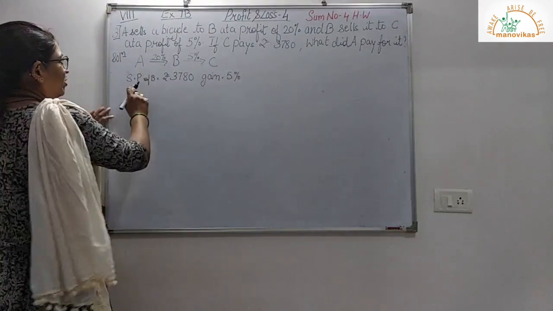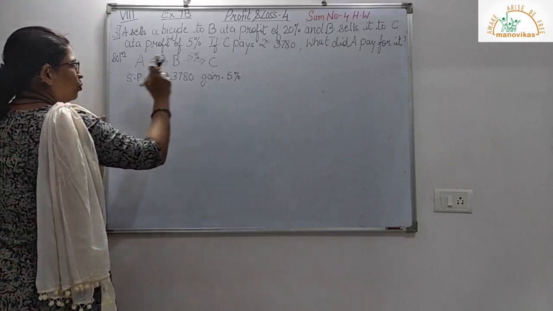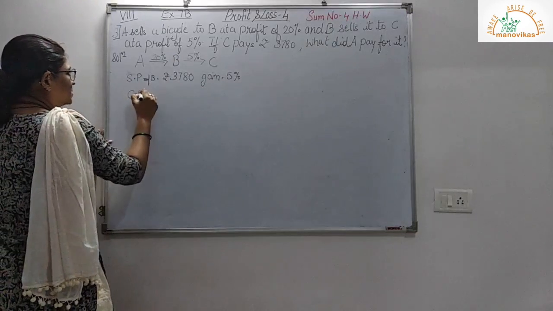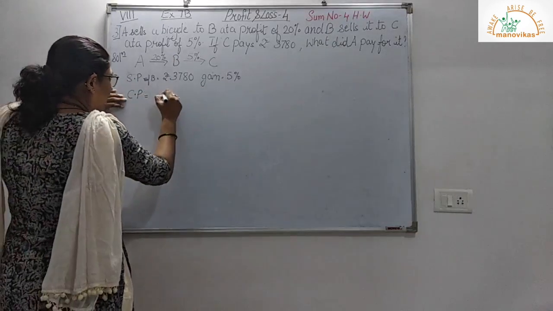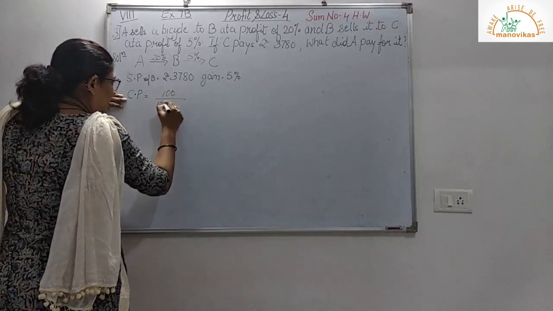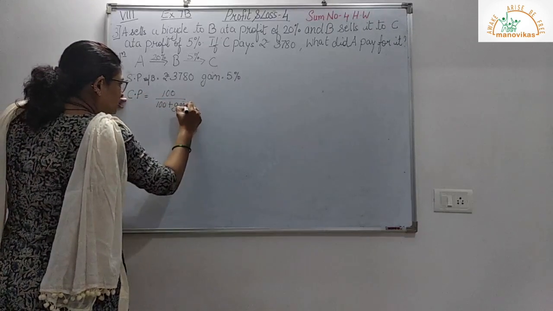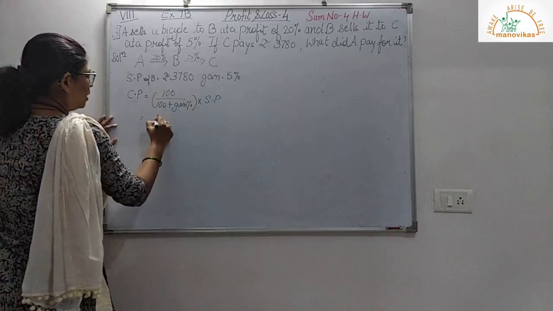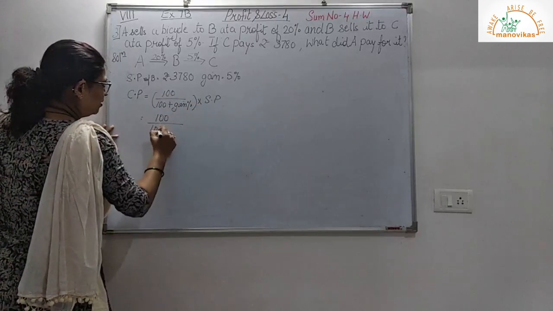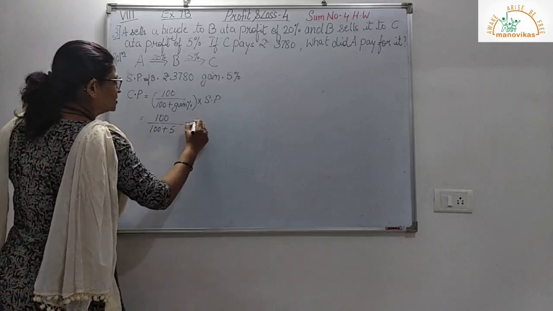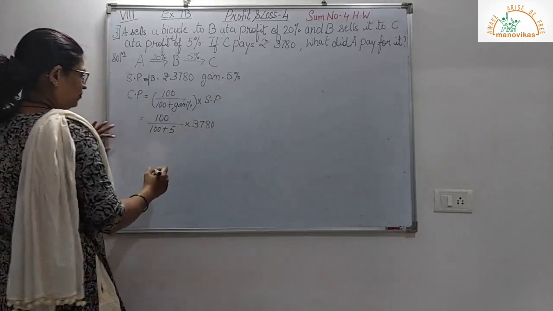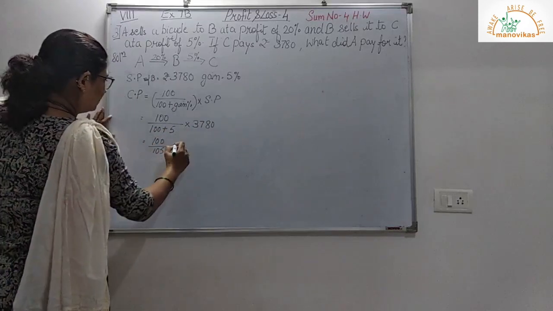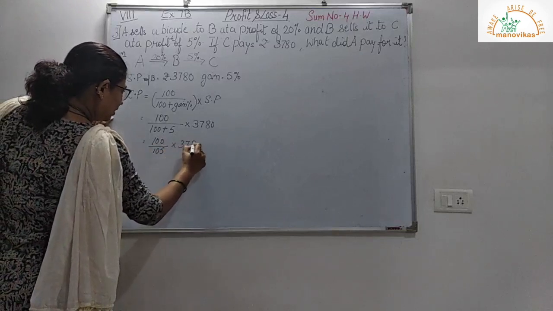So now here when we have the selling price and the gain percent, we find the cost price of B, right? So now cost price is equal to, by the formula, 100 divided by 100 plus gain percent, into selling price. So which is 100 divided by 100 plus 5 into selling price, that is 3780. So I get it as 100 divided by 105 into 3780.